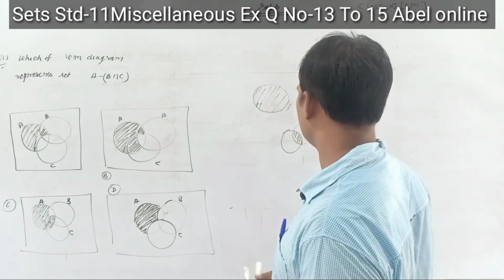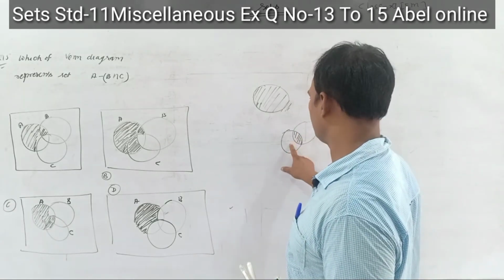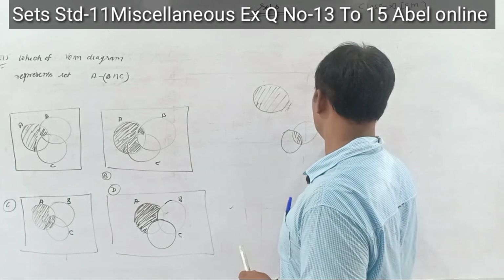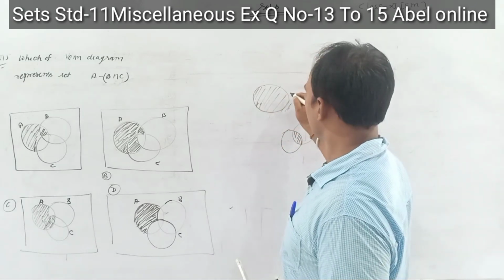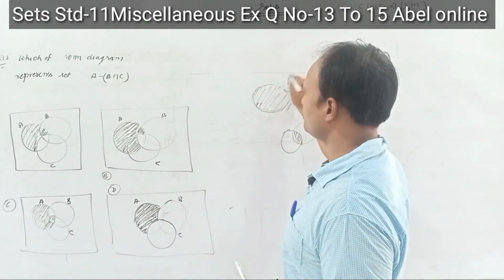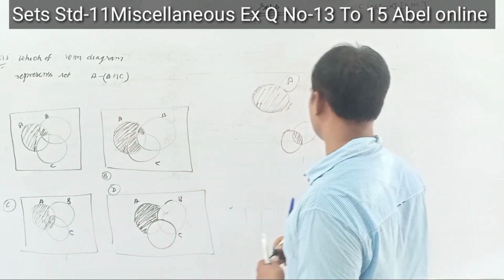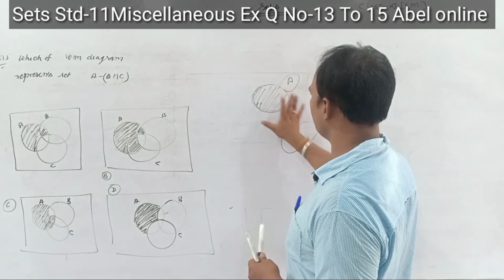Okay. Now this is B intersection C, and this is the A. So when we are going to find A minus B intersection C, we subtract this from this.